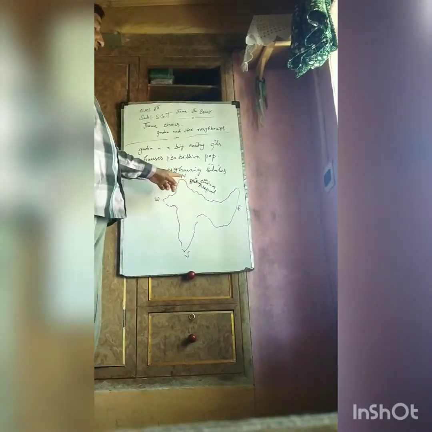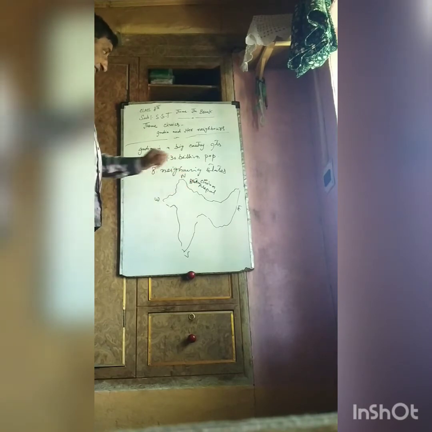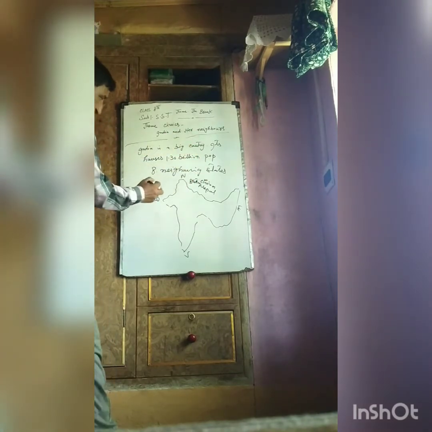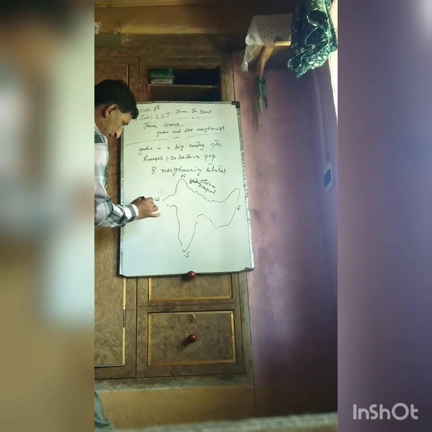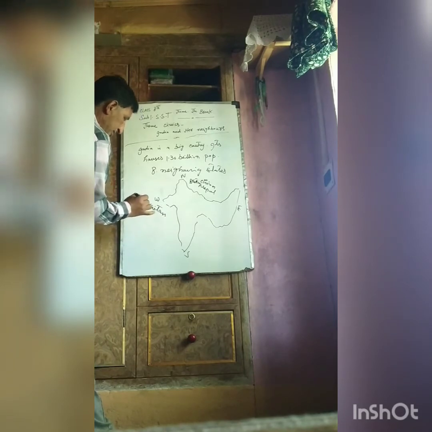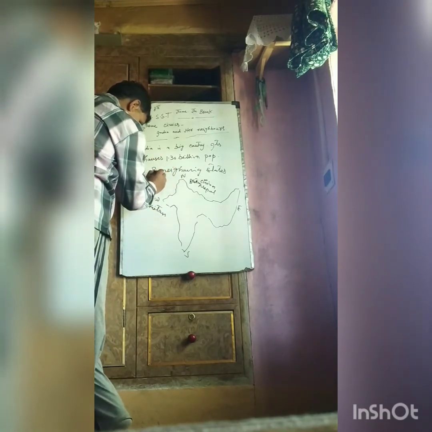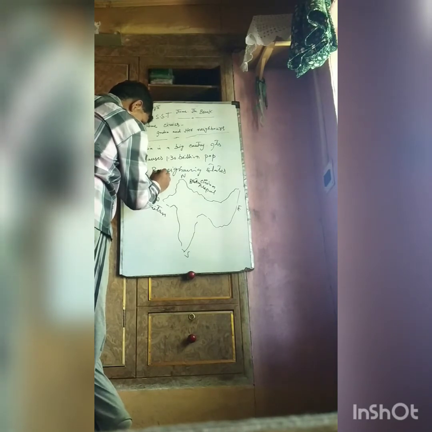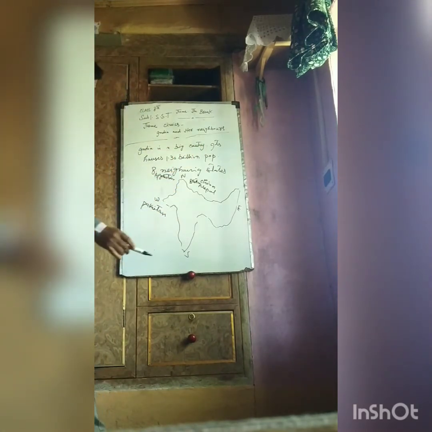China, Nepal, and Bhutan are on the northern side, 3 neighboring countries. Then on the western side we have Pakistan, of course, and some kilometers of border touching Afghanistan, so 2 on the west.